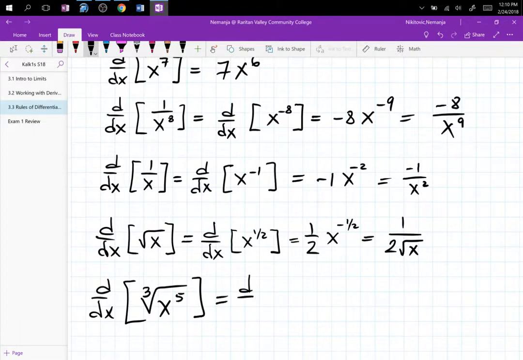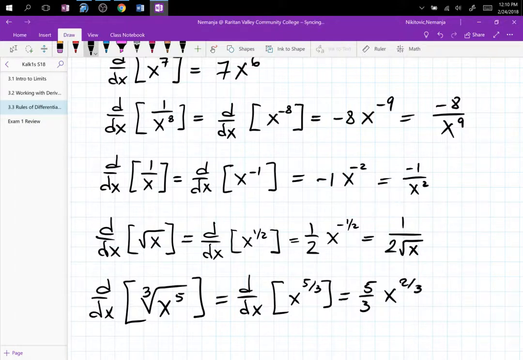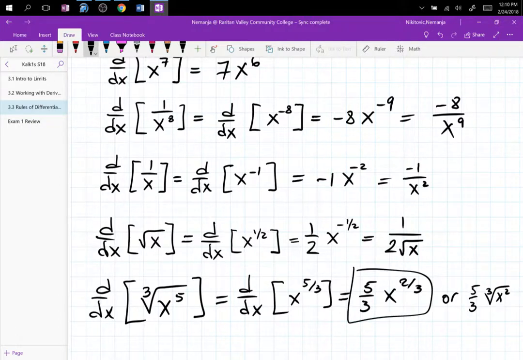Because you immediately need to have that algebra in your head to rewrite this as x to the 5/3, and then just go, okay, drop 5/3, x to the minus 1, common denominator, 5 minus 3 is 2, so 2/3 over here. And you can leave it like that, or you can go 5/3 times the cube root of x squared. You know, whatever you prefer. But this is just fine.